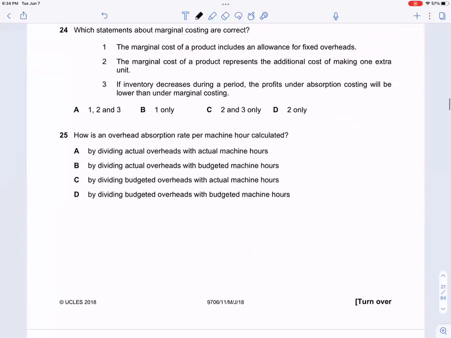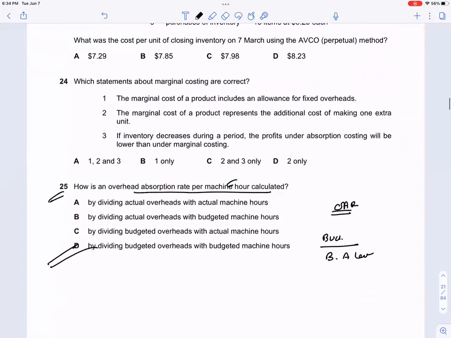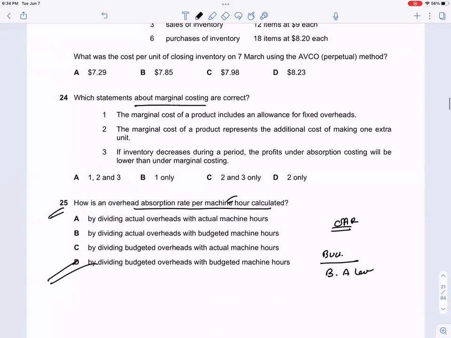Come on. How is overhead absorption rate calculated? How do you calculate OAR? By dividing budgeted overheads with budgeted machine hours. Okay, budgeted overhead by budgeted activity level. Fine. 24th. Which statement about marginal costing is correct? Marginal costing fixed overhead allowance not possible. Marginal cost represents the additional cost of making one extra unit.